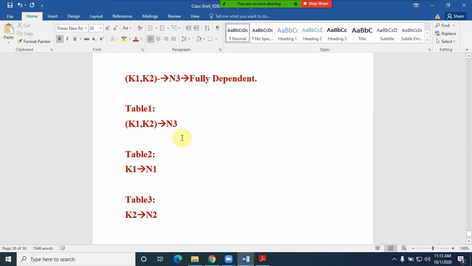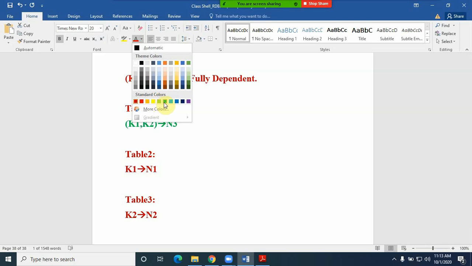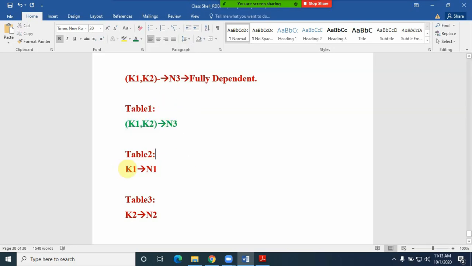If you observe the first relation, N3 is fully functionally dependent on K1, K2 and N1 is completely dependent on K1 and N2 also completely dependent on K2. Now you can observe this particular table is in the second normal form and table 2 is also in the second normal form and table 3 is also in the second normal form. Okay, all are in 2NF.